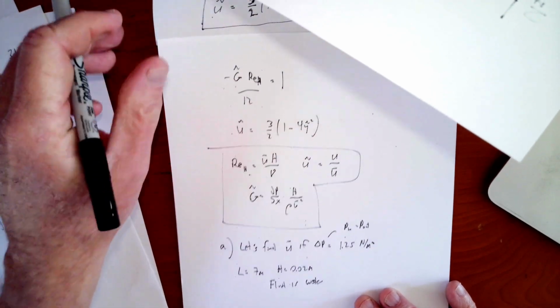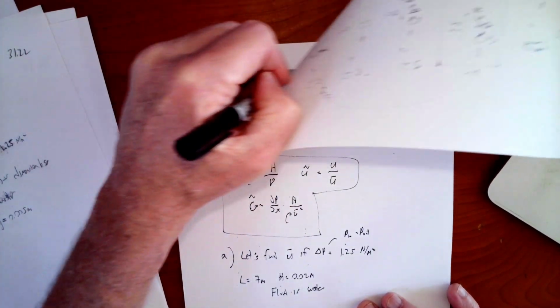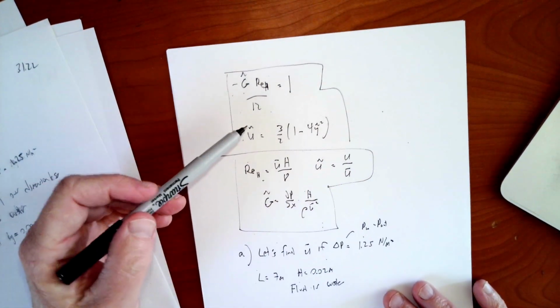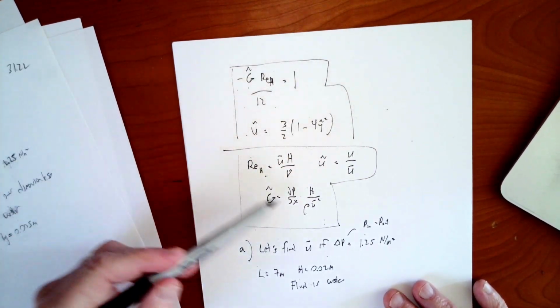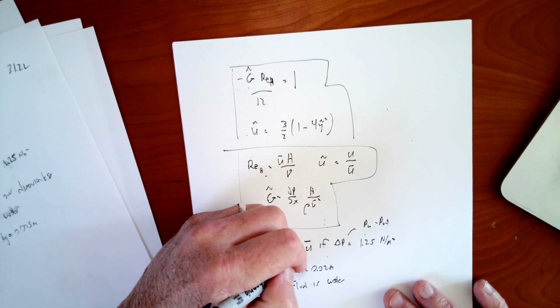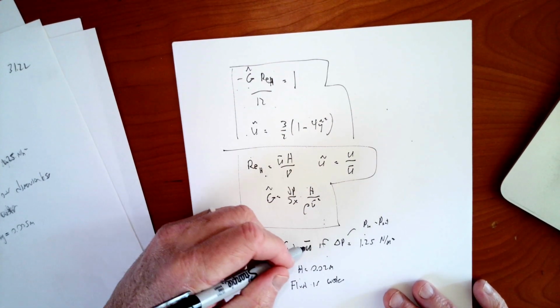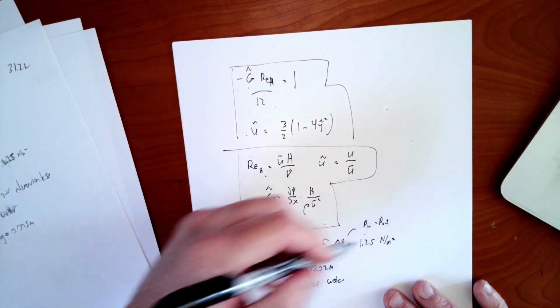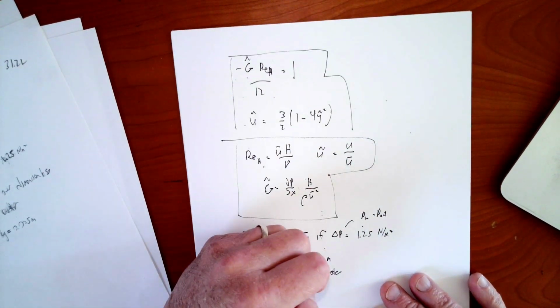Start with these equations that you have here. Use these equations to find the actual average flow velocity, with units, given these dimensions. The fluid is water.